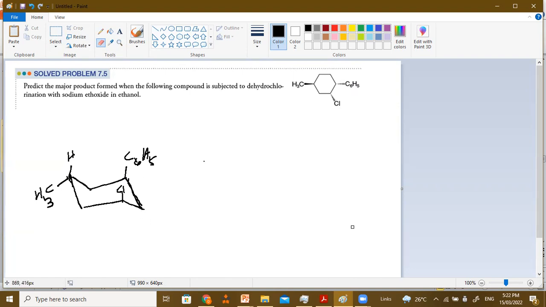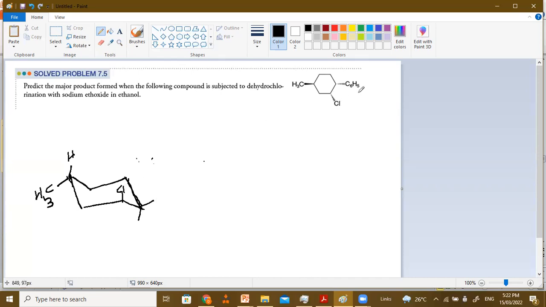Okay, so now let's look for a hydrogen that is adjacent. Sorry, it shouldn't be here. So the carbon next to your chlorine: if this is down, the other is up.